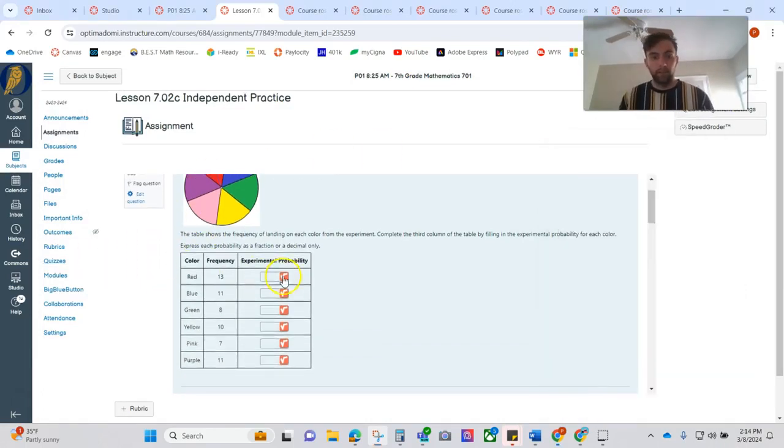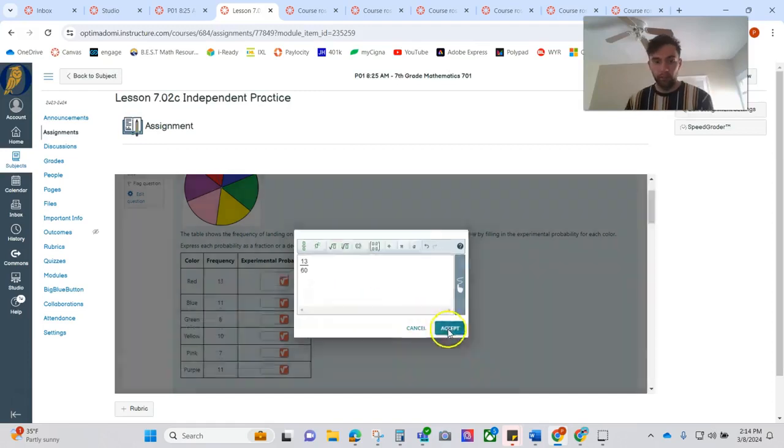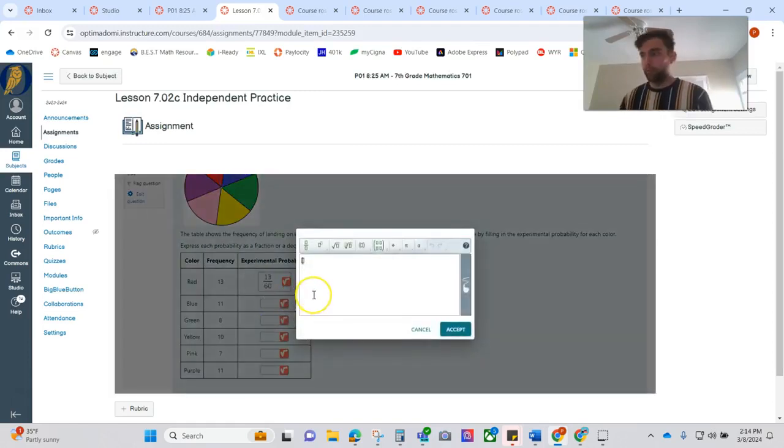Let's type these in. Click that check mark and type in my fraction over 60. 11. Oops, gotta click that fraction button. 11 on top of 60.